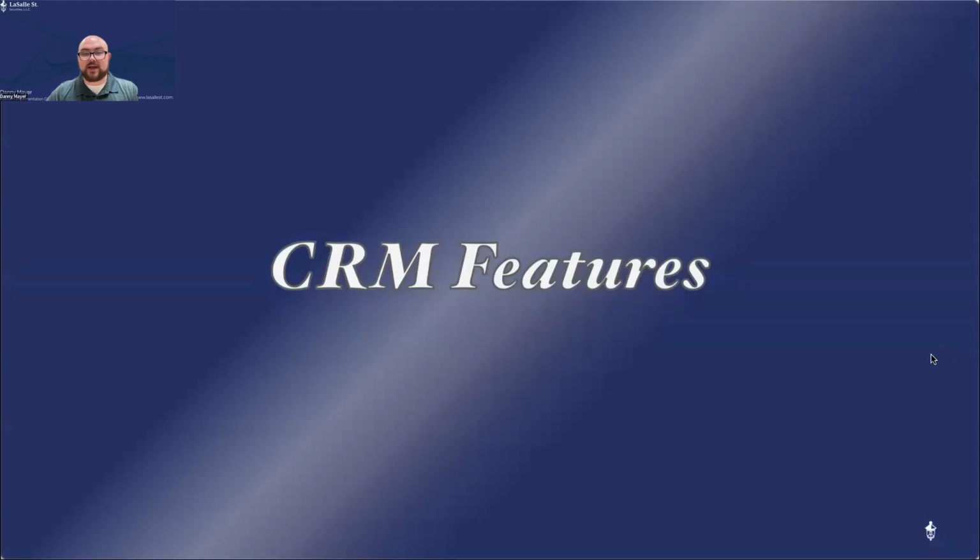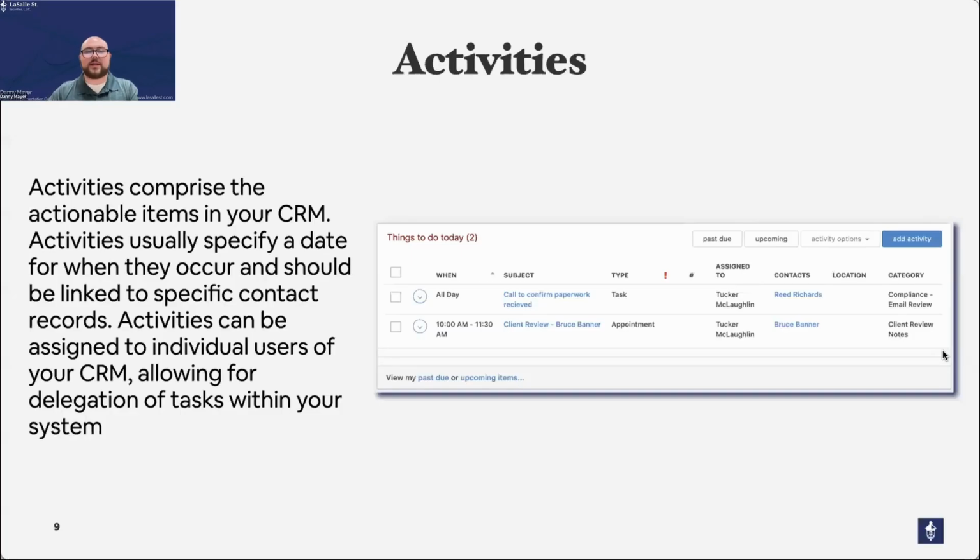Diving in to provide a little more detail on some of the individual features that Redtail can provide for you, we're going to start by taking a look at activities. Activities comprise most of the actionable items that you have in your CRM.